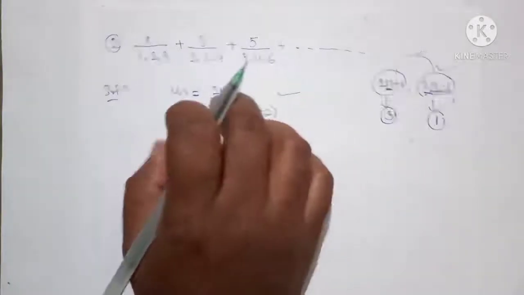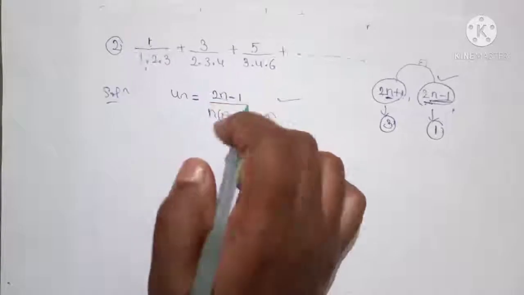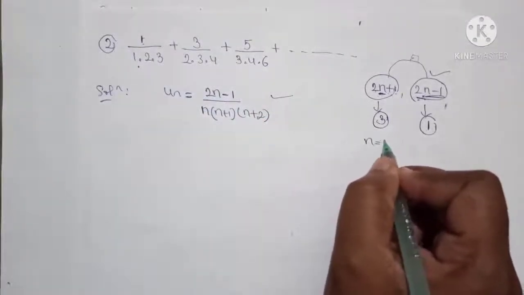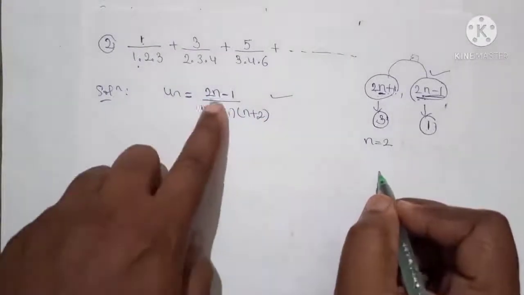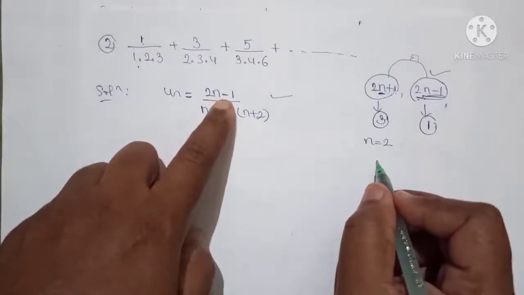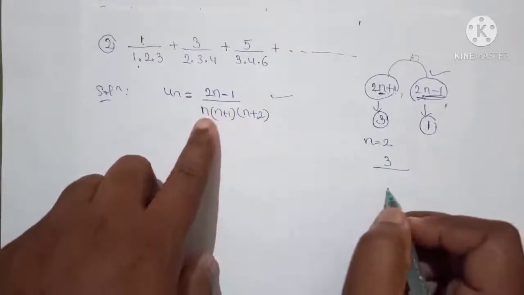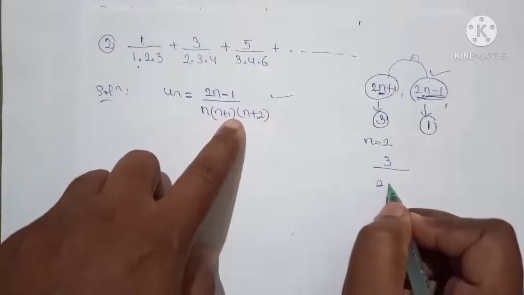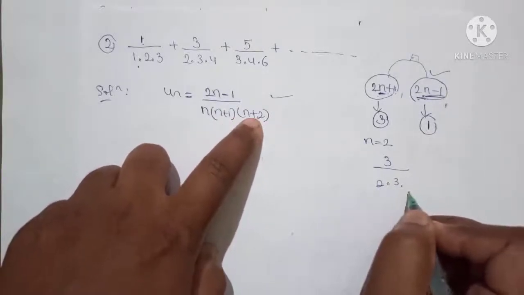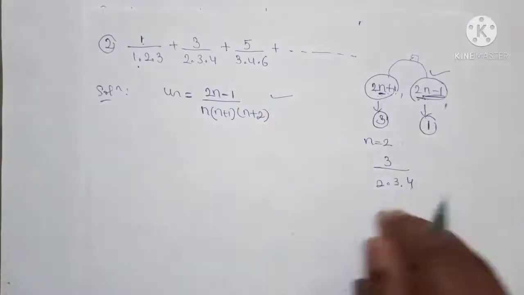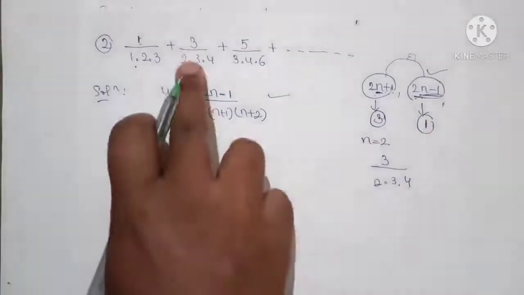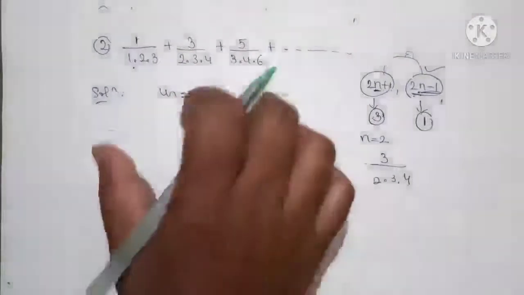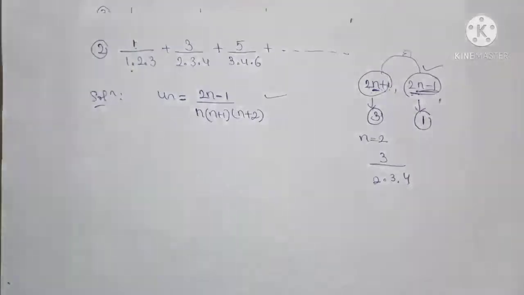For example, if you want the second term, substitute n equals 2: 2 into 2 is 4, minus 1 equals 3. In the denominator, 2, 2 plus 1 is 3, 2 plus 2 is equal to 4. So you will get 2, 3, 4. That is the second term. Like this you have to write un generally.